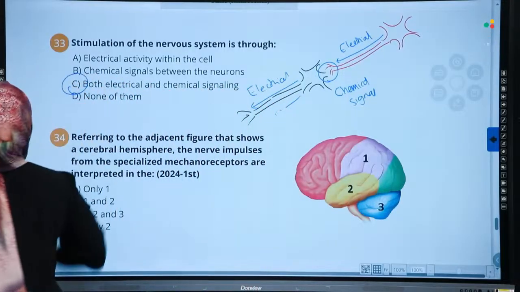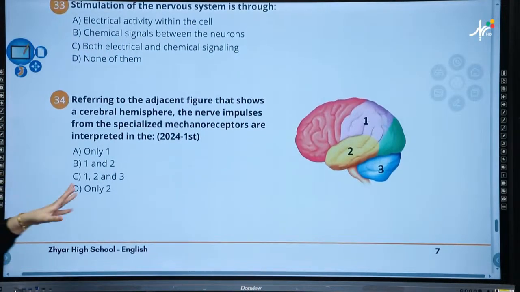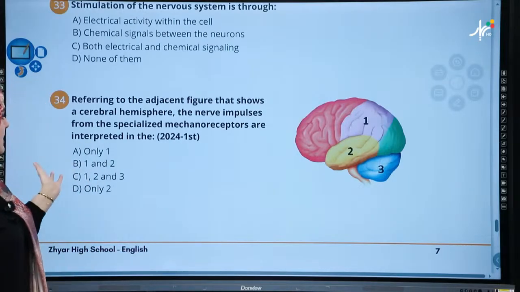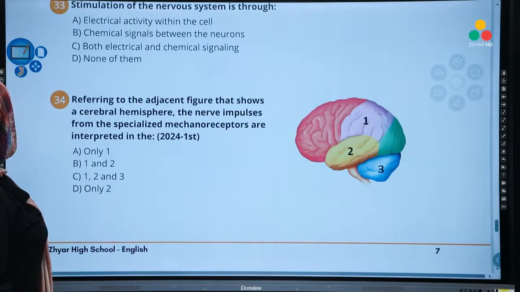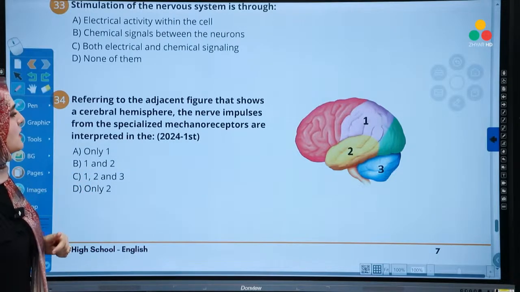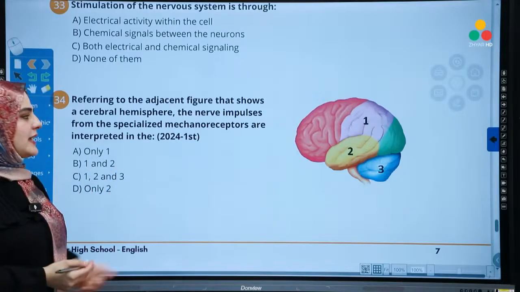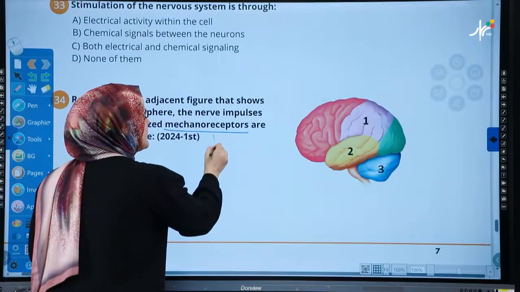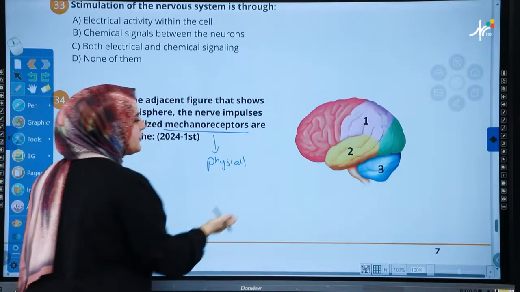It is C. Okay. This is another question from Wizard that a lot of students have problems with, and they even chose two answers just because of a keyword that was used. In that one, students were asked to find areas where mechanoreceptors, you know, a mechanoreceptor is a type of receptor that responds to physical movement or physical touch.